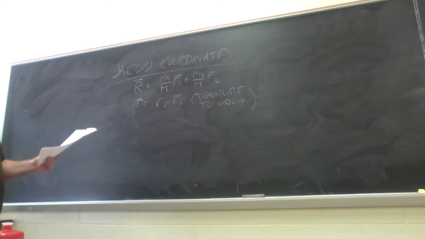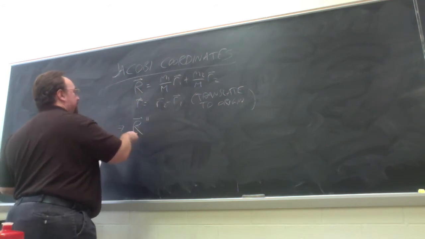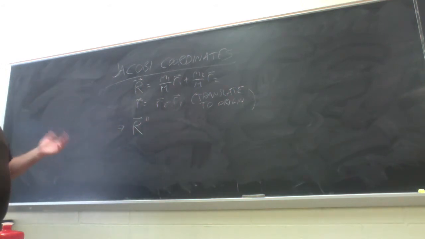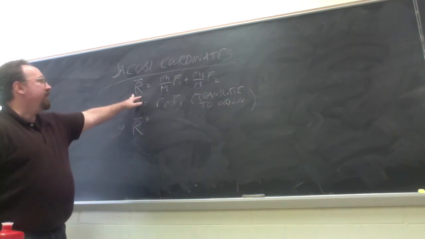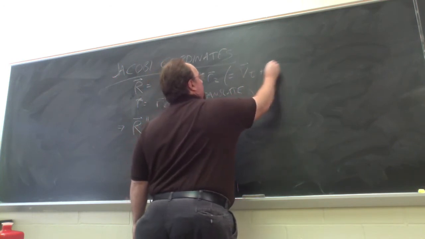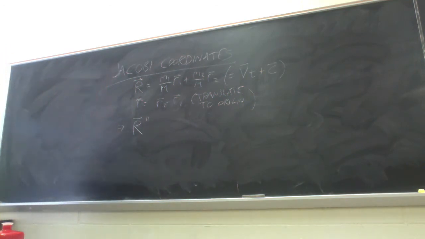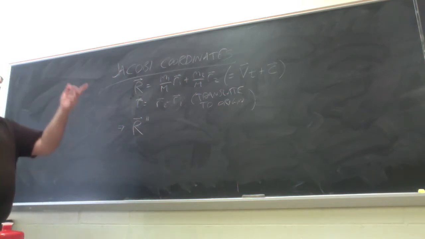Now, on the previous board, we have an equation for the center of mass. It's Vt plus C. So let's look at big R double prime. If we have big R, the center of mass, which is equal to Vt plus C, and you take the second derivative of that, what are we going to get? Well, what's the first derivative?